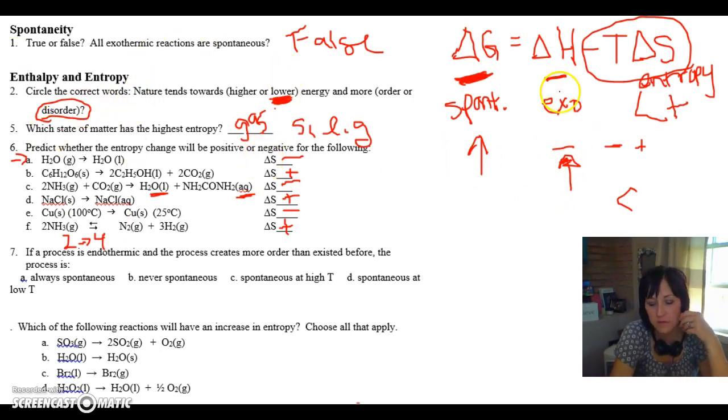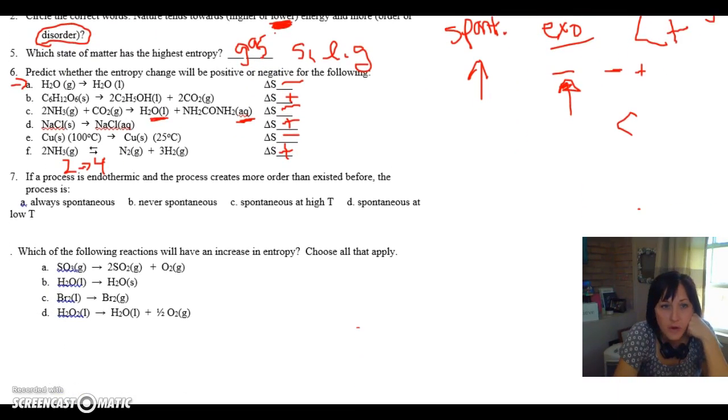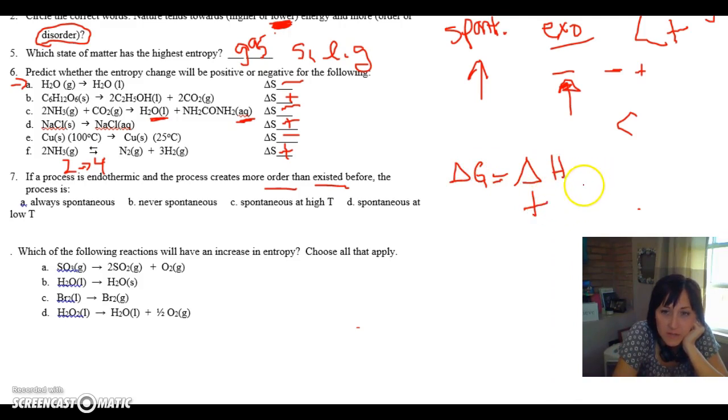All right, if a process is endothermic, and the process creates more order than existed before, the process is always what? So it's endothermic. So delta H would be positive, minus your temperature times it created more order.